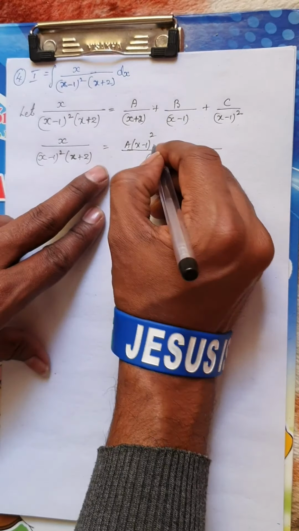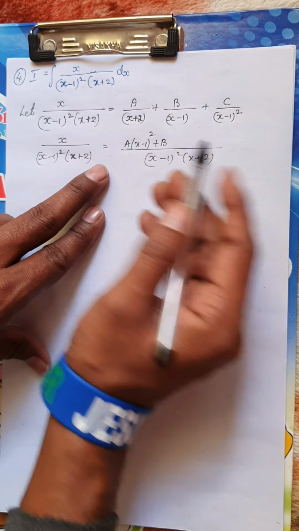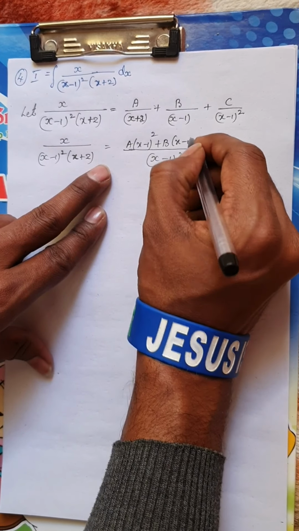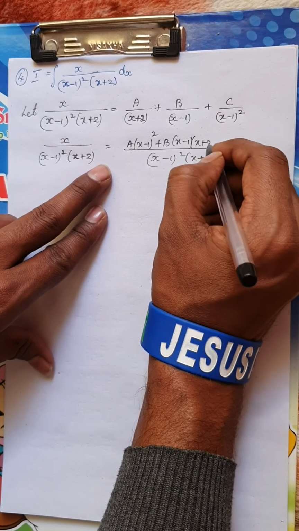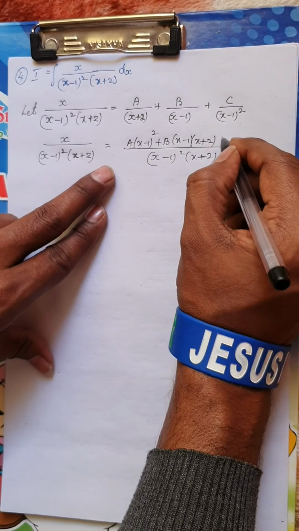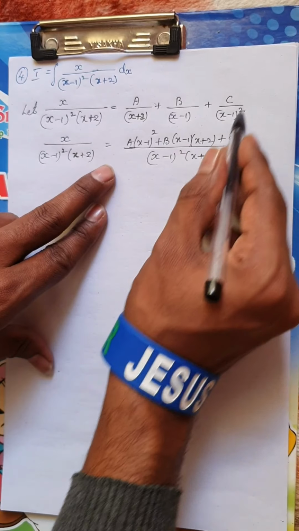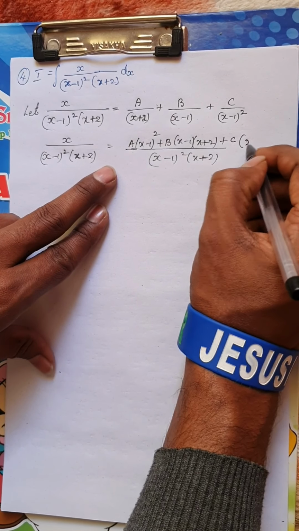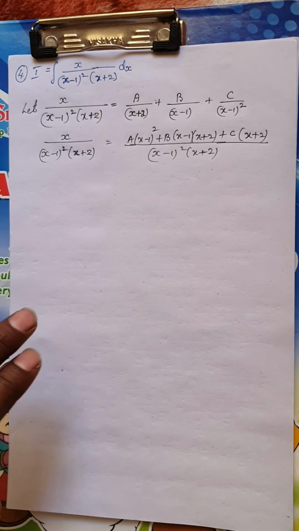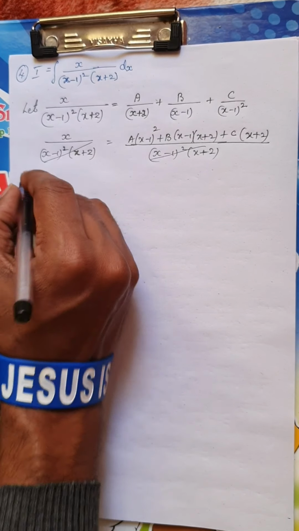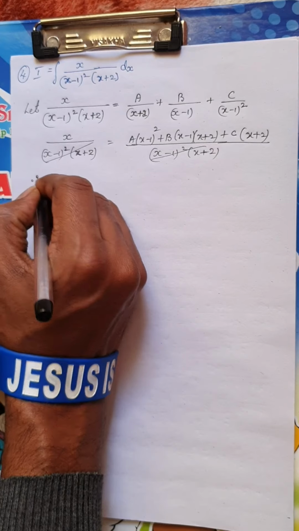Next for b I have one factor of x minus 1, so I will take the other factor of x minus 1 into x plus 2. Plus for c I have x minus 1 whole square, so the factor left over would be x plus 2.